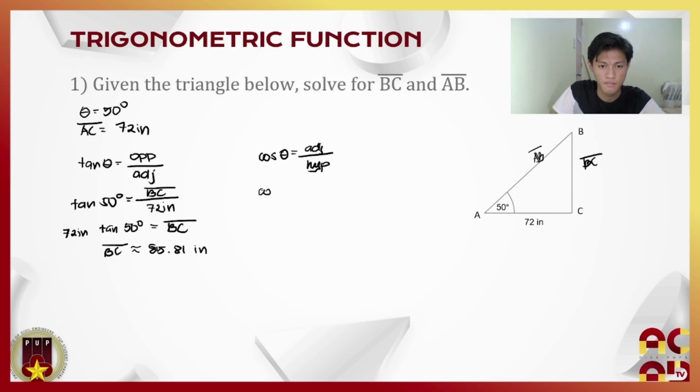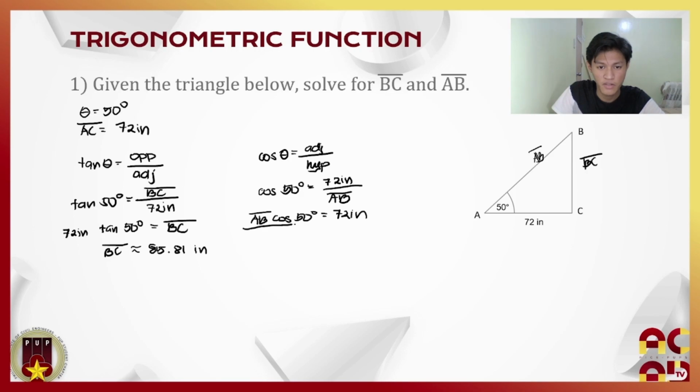Cosine 50 degrees, adjacent na 72 inch, and then yung ating line AB na hypotenuse. Yan. So, katulad nung kanina, i-cross multiply lang natin itong line AB sa cosine 50. So, line AB, and then cosine 50, and then yung 72 inch.